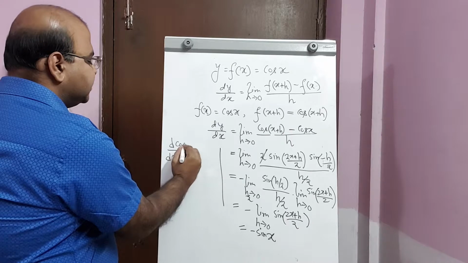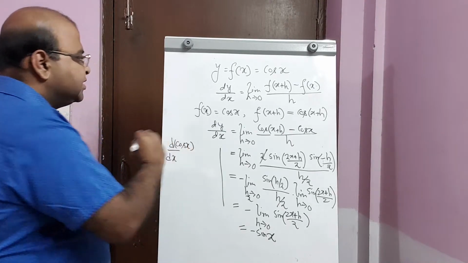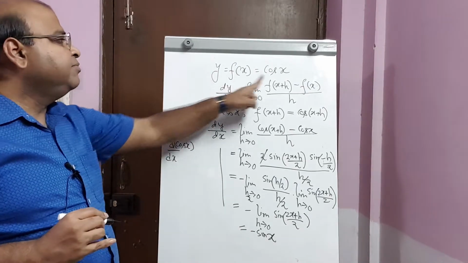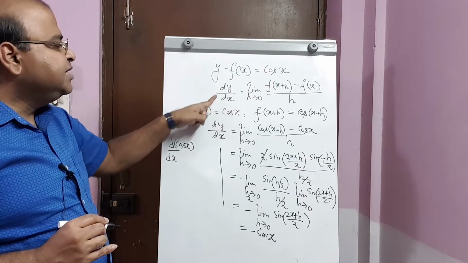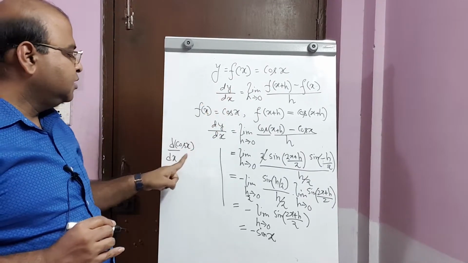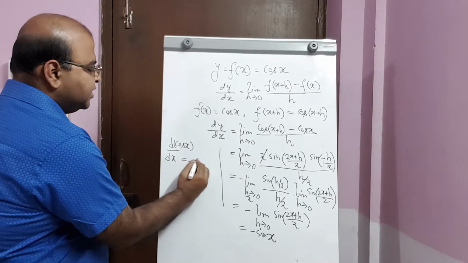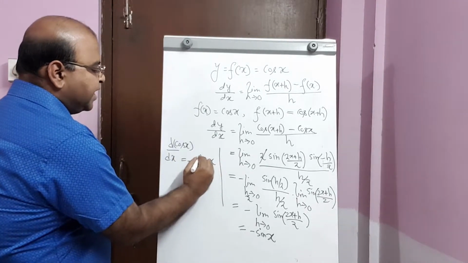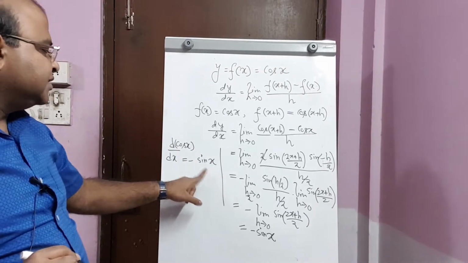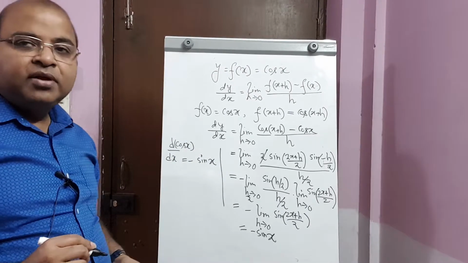Here y is cos x. If I substitute the value of y, we finally have d/dx of cos x is given by minus of sine function of x. This is the second standard form of derivative.